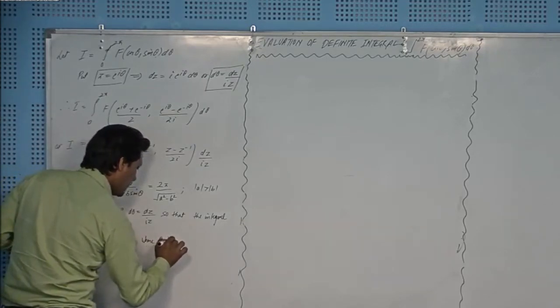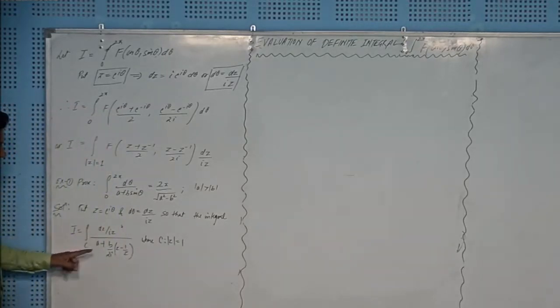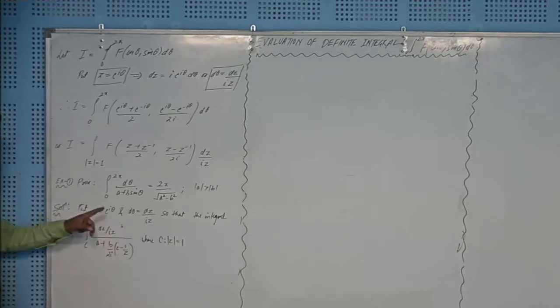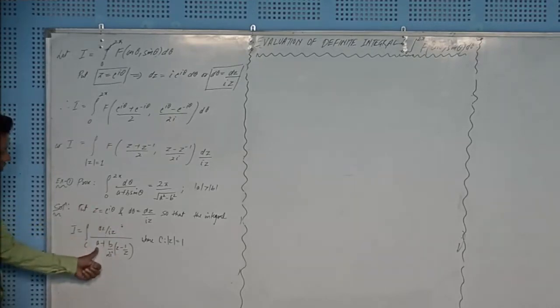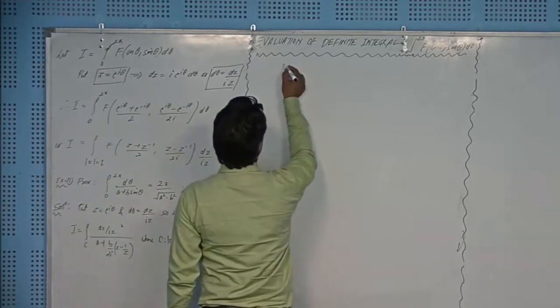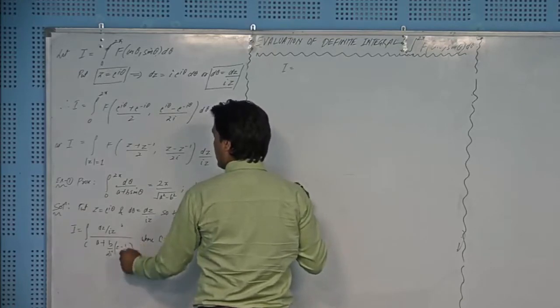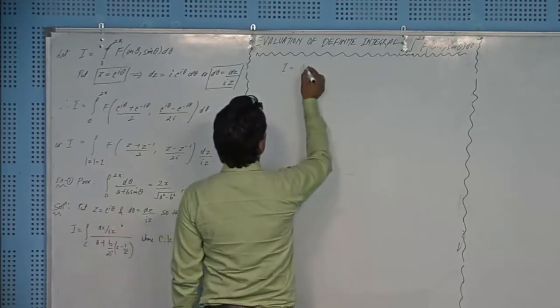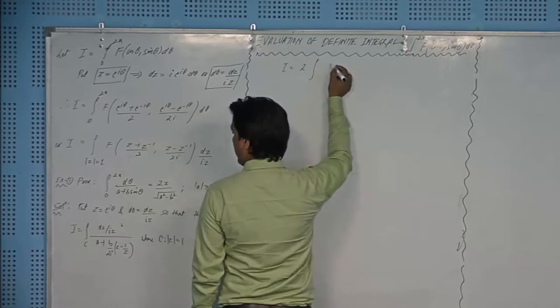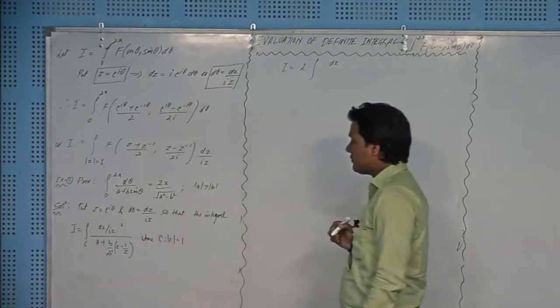And this C is actually the unit circle centered at origin. Now we'll evaluate this. Before finding the residue, we have to first convert this denominator into a nice algebraic polynomial form, and that can be done by taking the LCM. The i will be cancelled and 2 will appear here, and in dz over iz, the z will be cancelled.